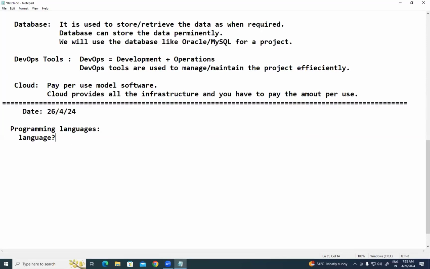Exactly. Anybody want to tell some other answer? Generally, language is used to convey something, right?